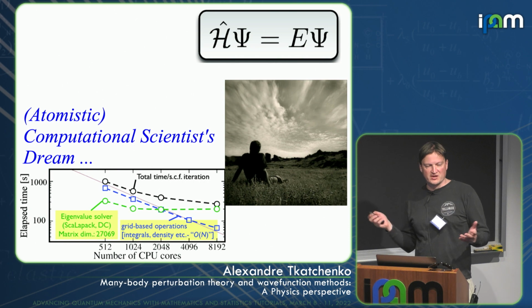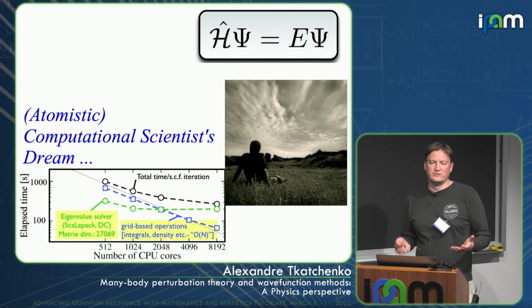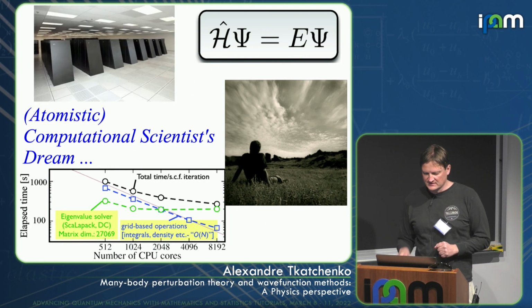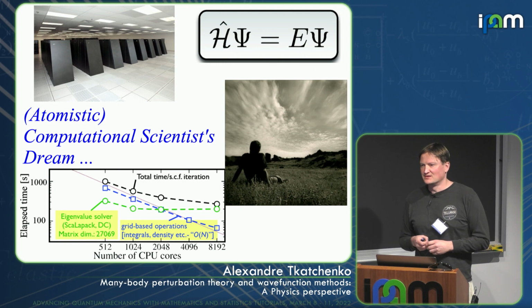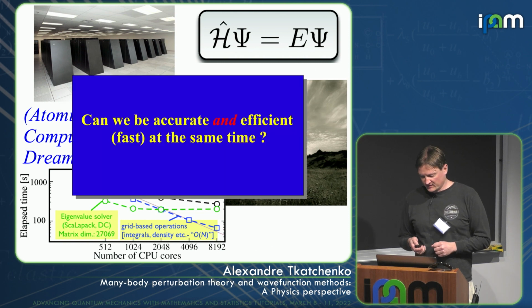And Jian Feng mentioned the development of novel computational algorithms that allow us to reduce the formal scaling of our methods. And of course, all of us need quite heavy computational resources in order to enable these large-scale simulations. And the real issue is how we combine accuracy and efficiency at the same time, right? And that's what a lot of talks will be concentrating on, I think, during the whole program.